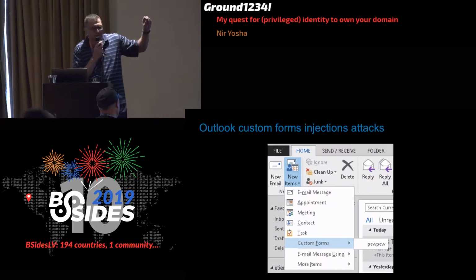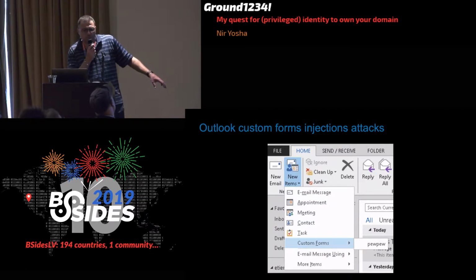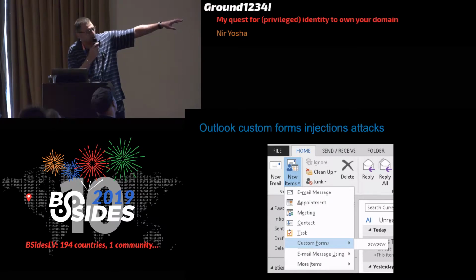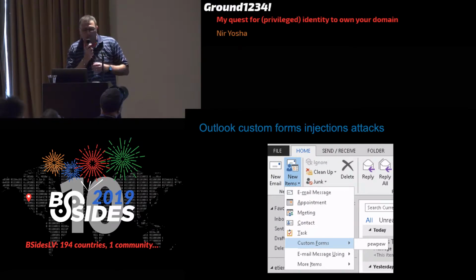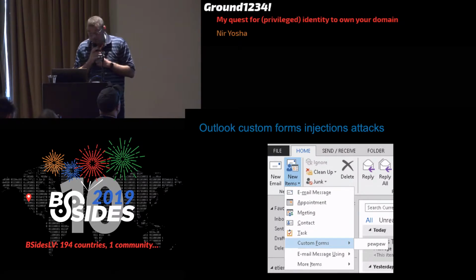It's because someone crafted a specific form, and that form is synced across clients. So it's going to sync to your Outlook client within your network, even if it was created on Outlook Web Access. And then that form potentially can also have a PowerShell payload, for example, PowerShell Empire.